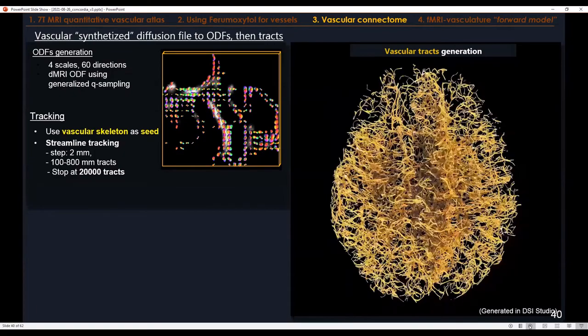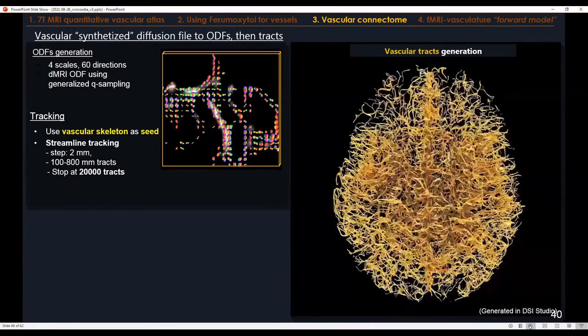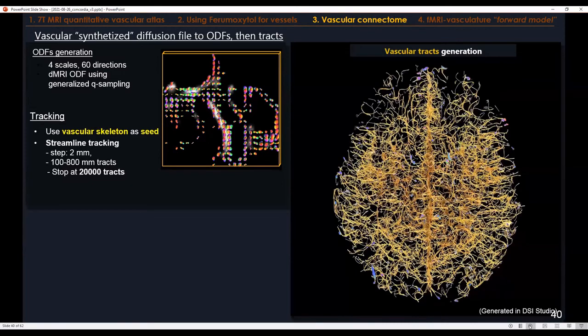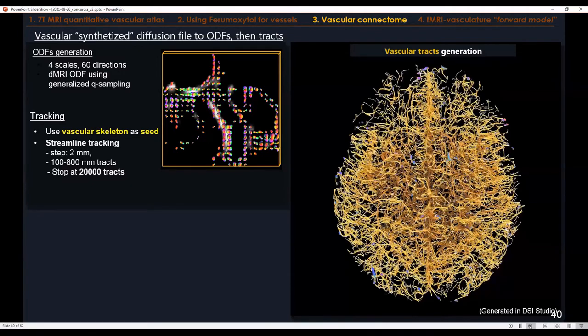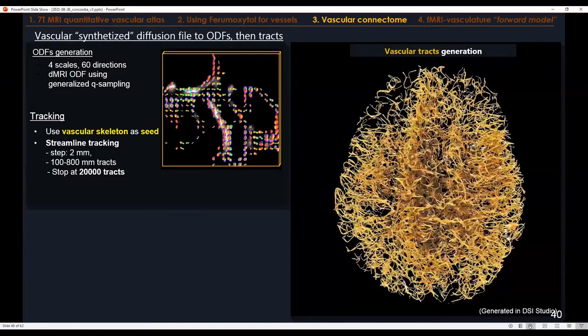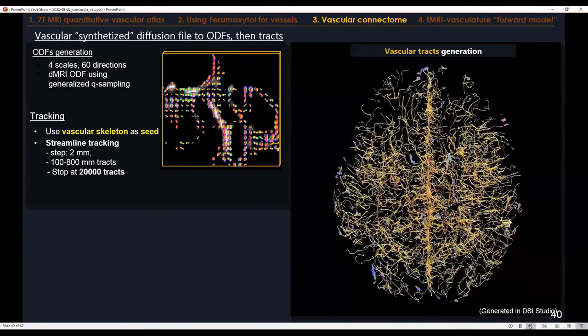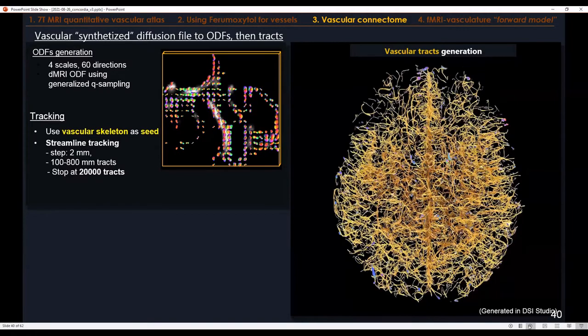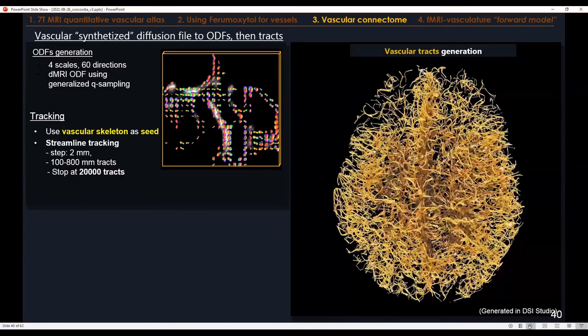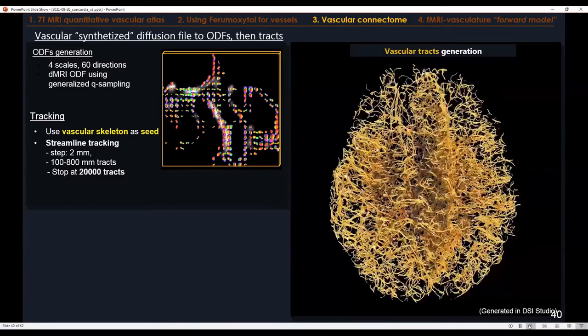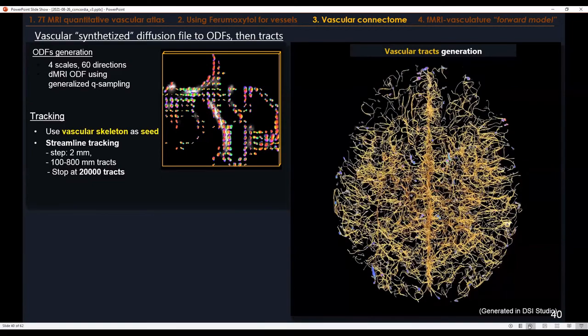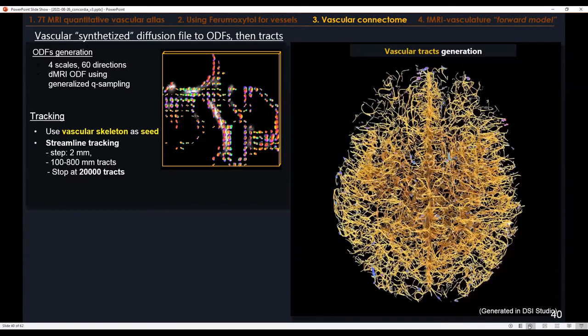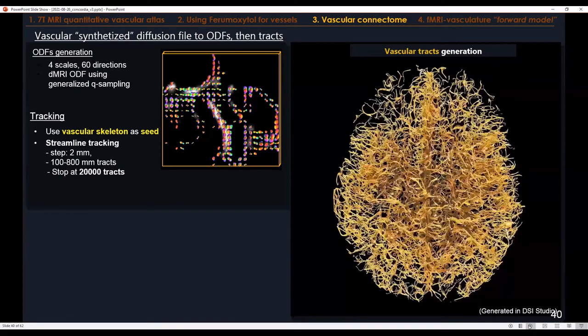It means we need a higher step size compared to classic diffusion MRI, because we need to overcome those breaks in the segmentation that I talked about earlier. We also keep way longer tracks, simply because the vascular anatomy is not going straight into a region, so we need to capture its sinuous anatomy. Here I show the vascular tracks, stopped at 20,000 tracks.